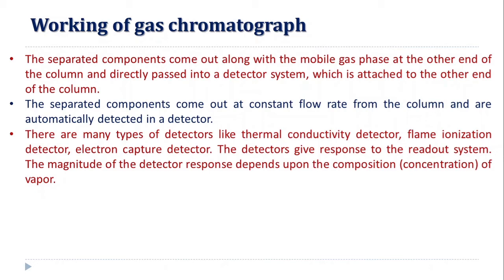These detectors we will learn in the next lecture, but this type of detector gives a response to the readout system, and the magnitude depends on what the composition is and what the concentration of the vapors is. So whatever concentration is present in the vapors, that gives a response accordingly.